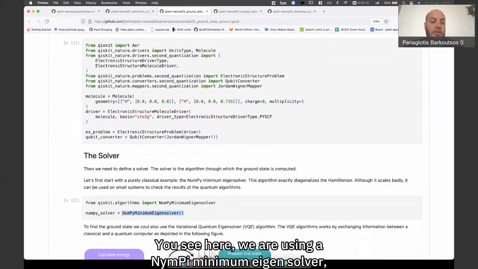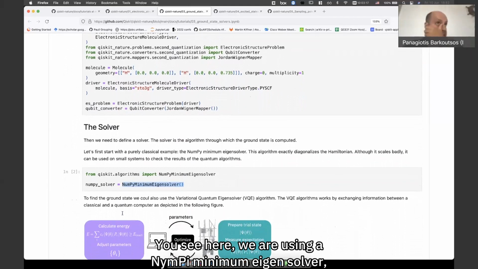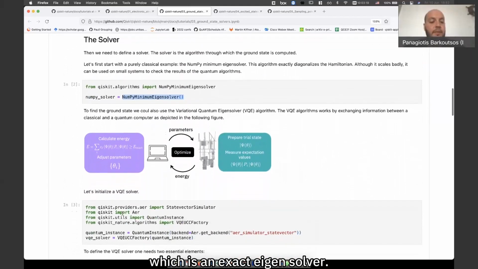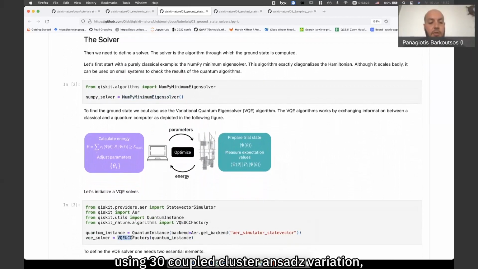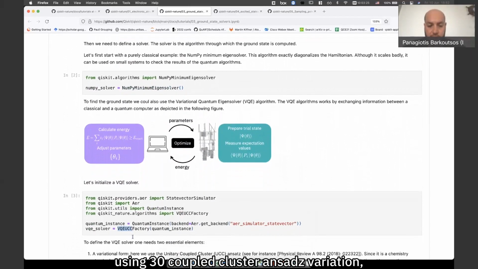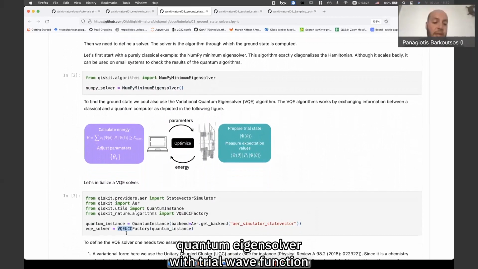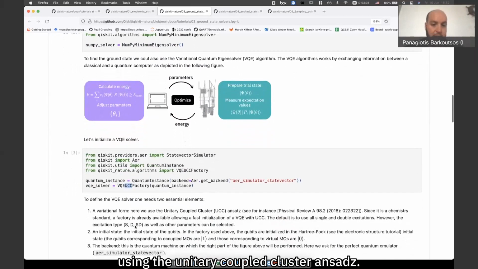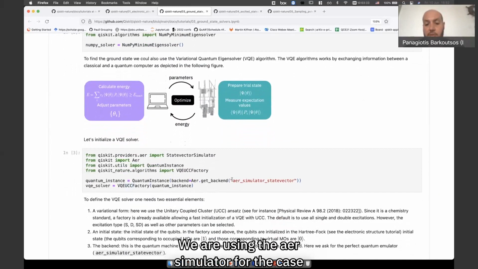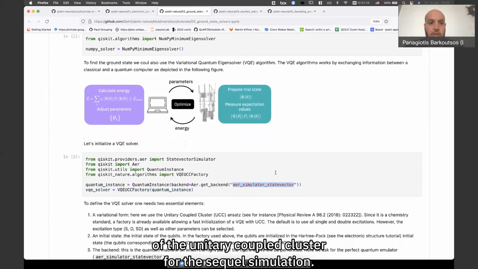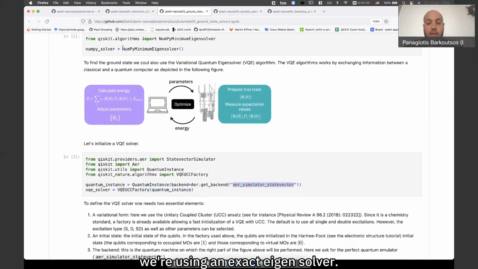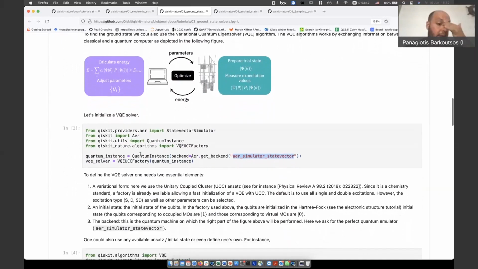You see here we're using a NumPy minimum eigensolver, which is an exact eigensolver. And we're also defining a VQE, a variational quantum eigensolver, with a trial wave function using the unitary coupled cluster ansatz. We are using the Aer simulator for the circuit simulation in the case of the unitary coupled cluster, whereas for the other case, we're using an exact eigensolver.